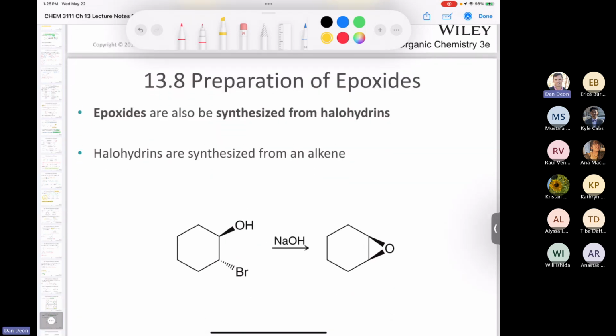Well, here's one for you. When was the last time you thought about a halohydrin? Probably not since the first lecture in this class, okay? And you might not even remember what it is, but you probably remember this reaction, that if you were to take cyclohexene, this compound here, and treat it with bromine and water, this is what we call a halohydrin.